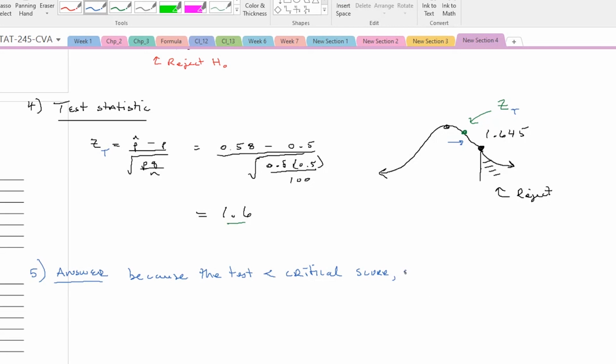You say we fail to reject the null hypothesis. In other words, the burden of proof is always on the experimenter to show that your results are statistically significant. We fail to reject the status quo. We fail to reject the null hypothesis.